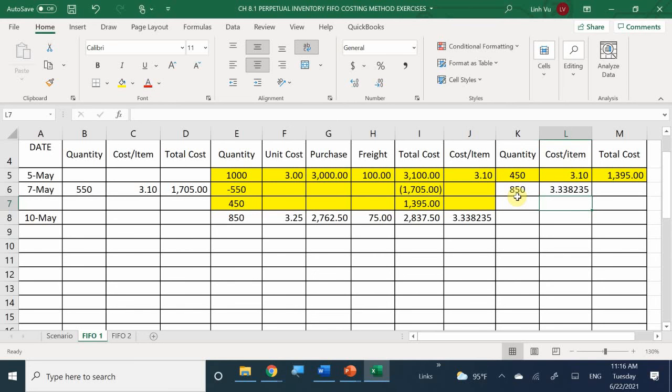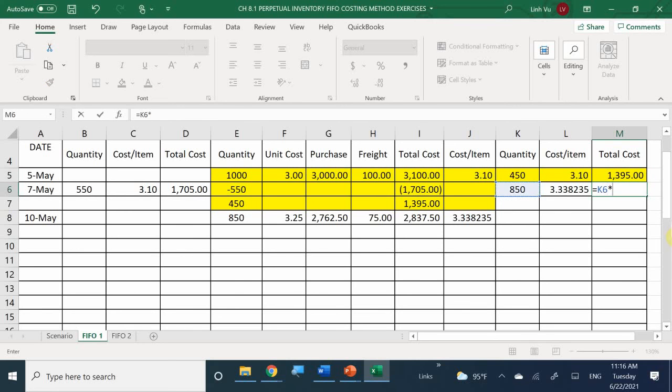If I round too early, I have a potential to lose money here. And this formula is going to be my quantity times my cost per item, because my quantity is going to constantly change.